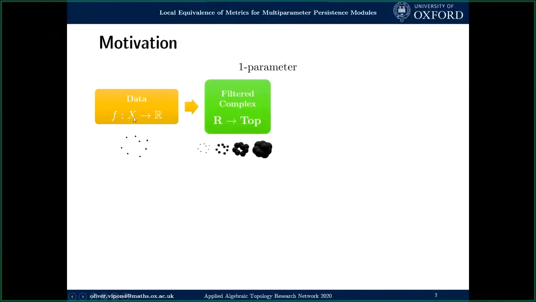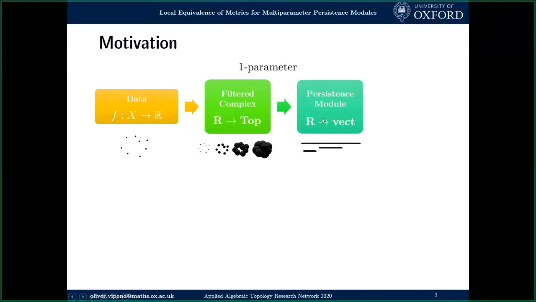And then from this set of data, we induce a filtration of topological spaces, a sequence of spaces. So for example, here I've illustrated the sublevel sets associated to the distance function of this point cloud. Then if we hit this filtered collection of topological spaces with a homology functor with coefficients in a field, we give rise to an object called a persistence module.